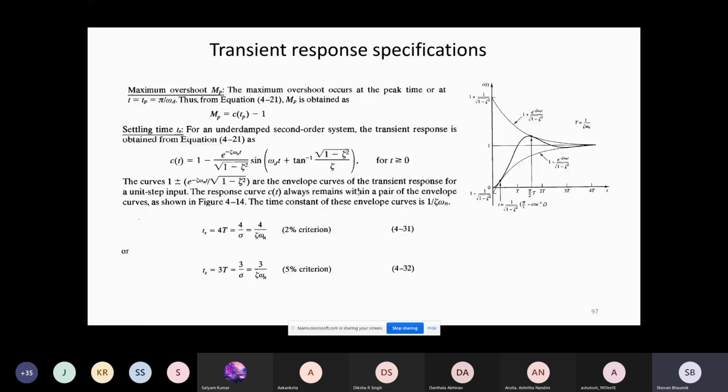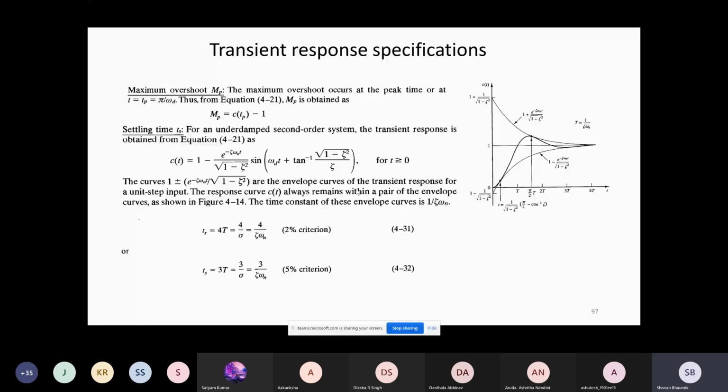If there is any steady state error, you will know that too. So you have to grab the system output with the help of a data acquisition system. If you can do that, even if you don't know the transfer function of the system, you can easily calculate those parameters. Many times this is used.